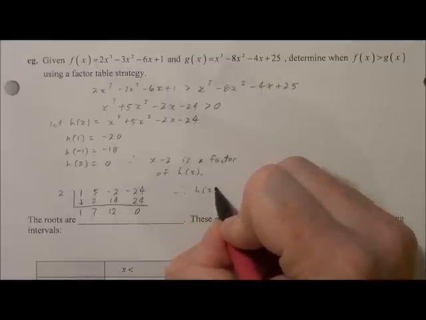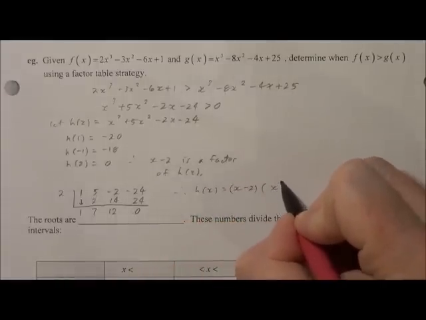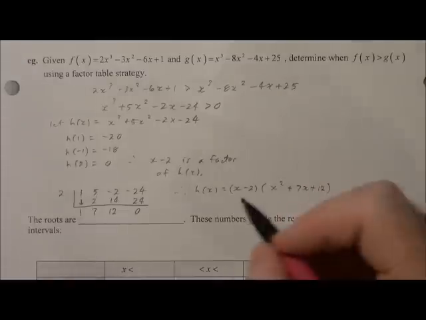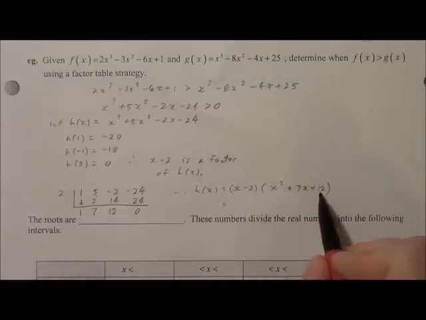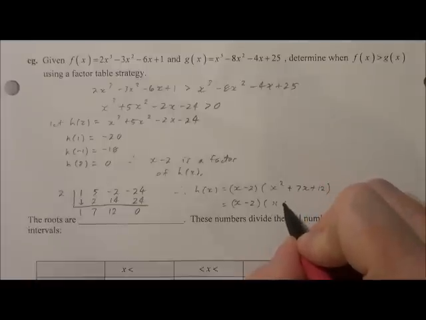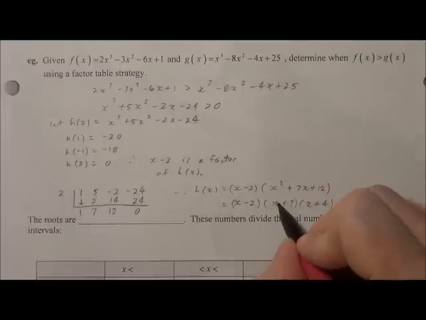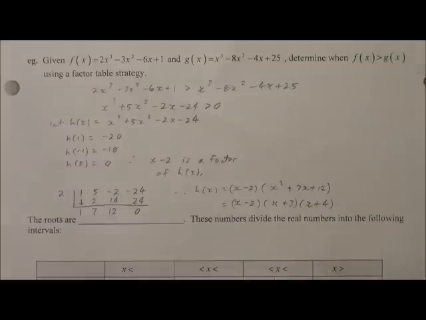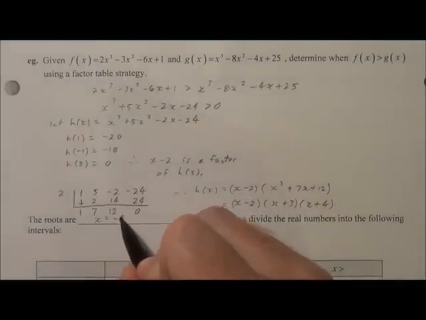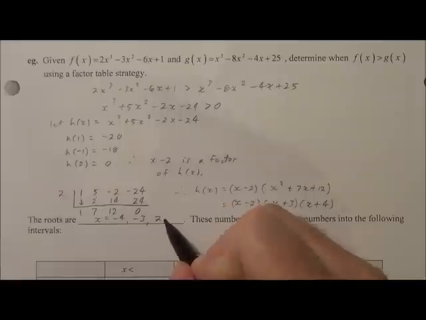Therefore, h of x is x minus 2 times x squared plus 7x plus 12. And I can factor that trinomial now. So we get x minus 2, x plus 3, and x plus 4. So then I see that the roots would be x equals negative 4, negative 3, and positive 2.